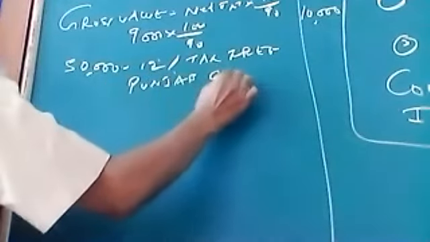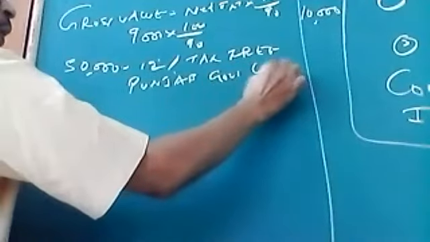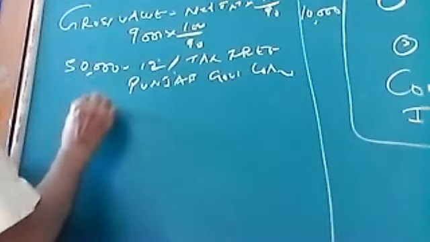Now, Punjab is a state government. The state government security or government security is a tax-free government security. Directly you have to calculate net interest. That net interest is equal to the gross interest. So what is the face value of the government security? 50,000. So find out the net interest.